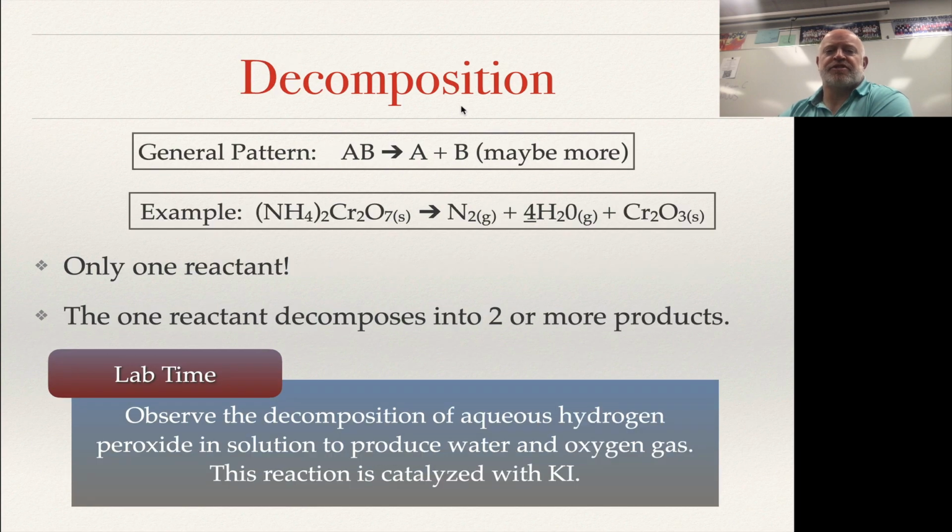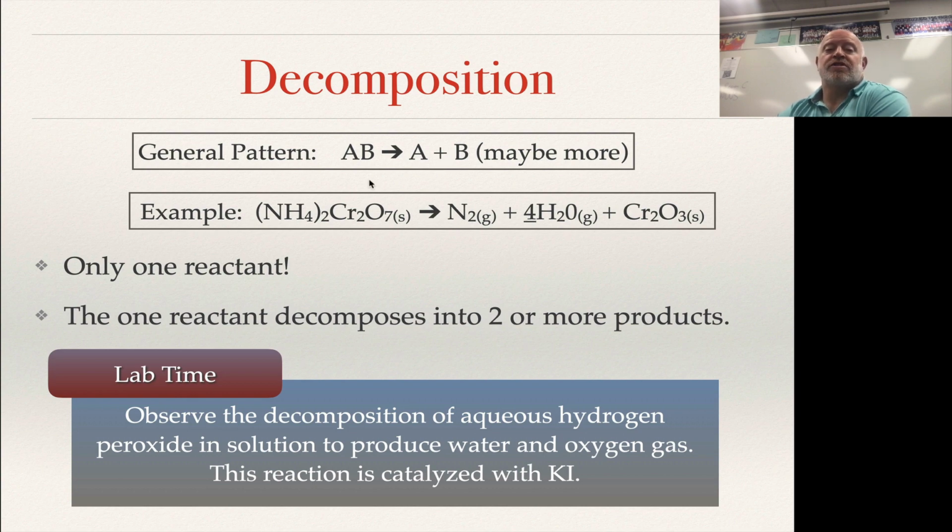In our decomposition reaction type, that's our next type. So if we can take 2 elements and put them together, we can also take a compound and split it apart. Okay? So decomposition is the exact opposite of combination, where we start off with a single compound and it breaks apart into individual elements. Now, it could be more than just 2, okay? So decomposition can be more complex, meaning the compound could break apart into several things on the right-hand side, okay?